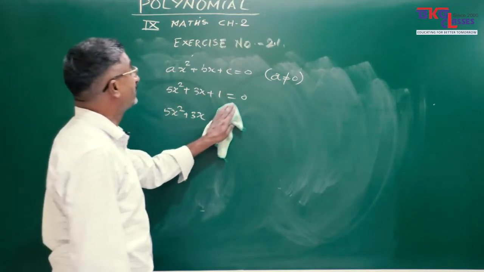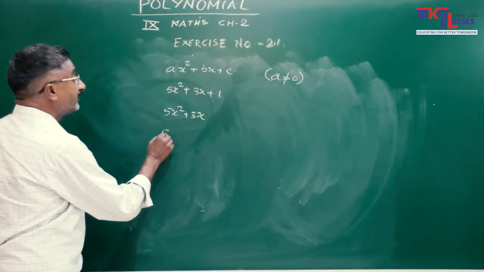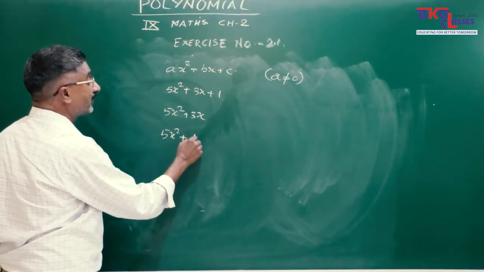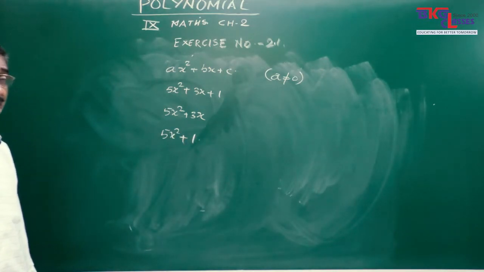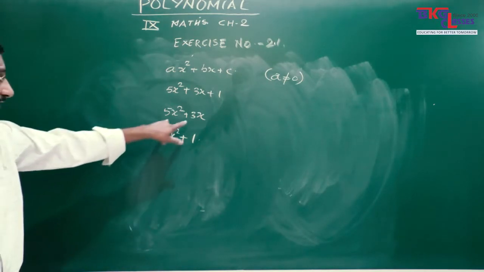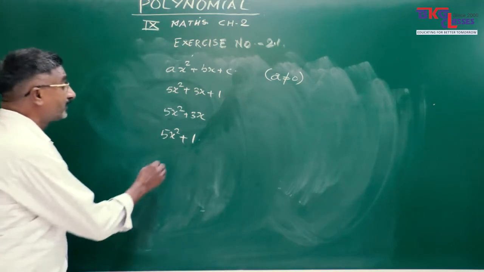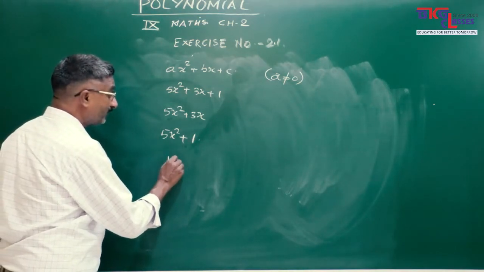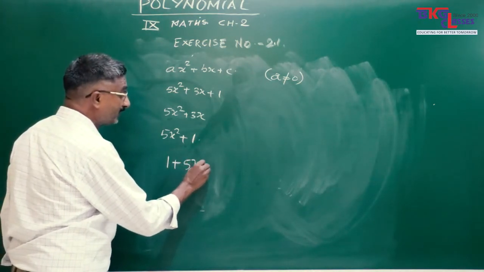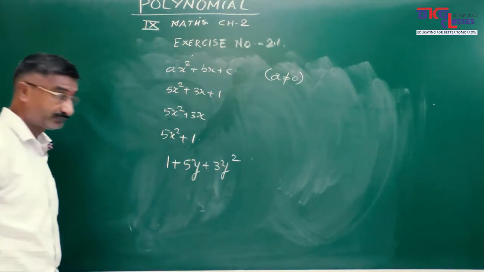I should not write 0 so that you can understand very clearly. 5x square plus 1, this is also a quadratic equation. I think the meaning is clear now. Here are 2 terms, or the sequence is like this, 1 plus 5y plus 3y square.